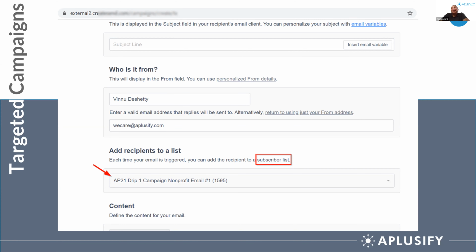But my point is basically that you have all of this data and you can set up the automation to not only make your life easier. I mean, there is work involved in planning these campaigns, but it will automate things so that you're driving more of the fundraising, more of the revenue that you're looking for.